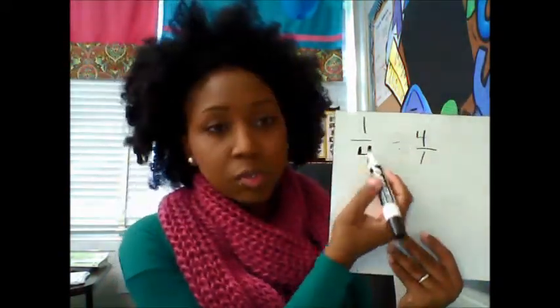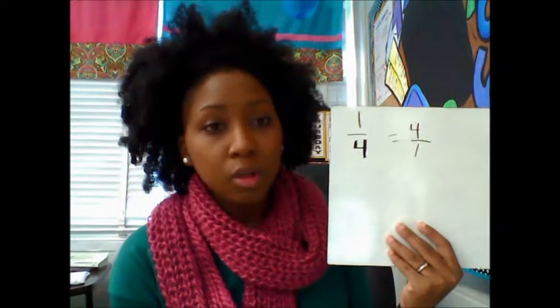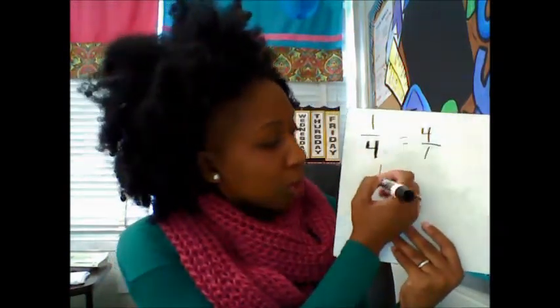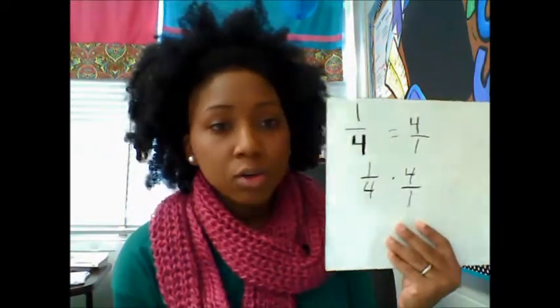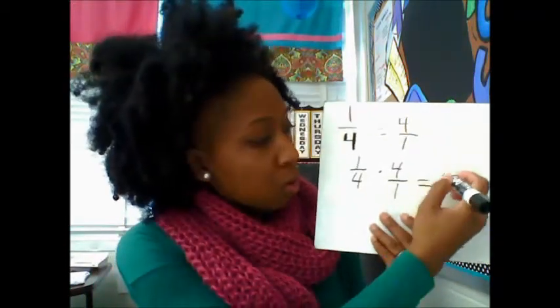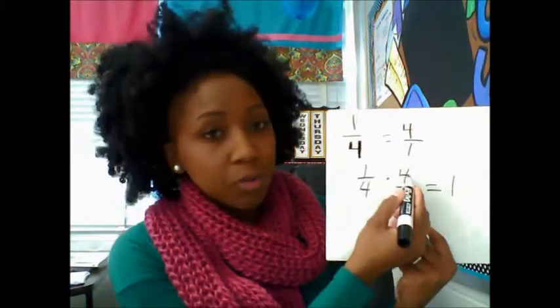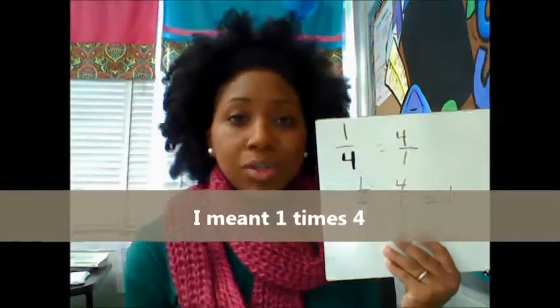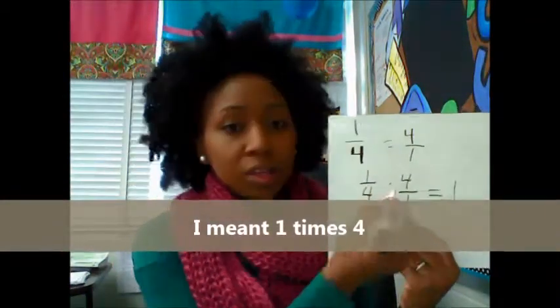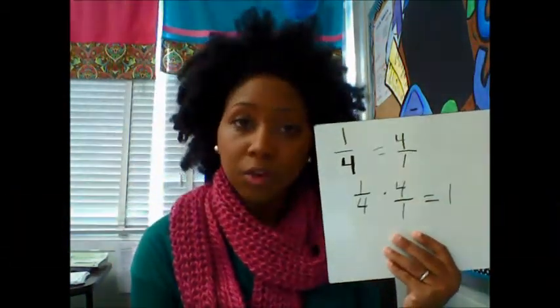So 4/1 is the reciprocal of 1/4. Also, 1/4 times 4/1 will also equal 1, because 1 times 4 equals 4, and 4 times 1 equals 4, which reduces down to 1. Therefore, these two fractions are called multiplicative inverses.